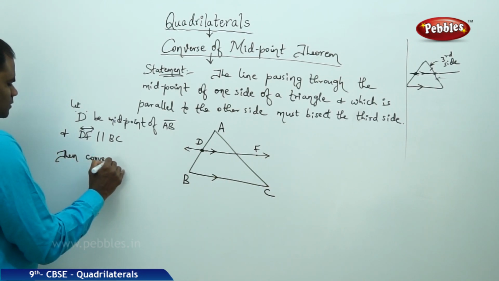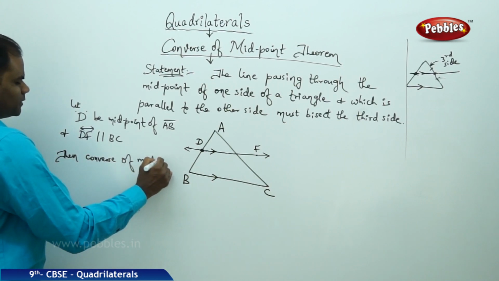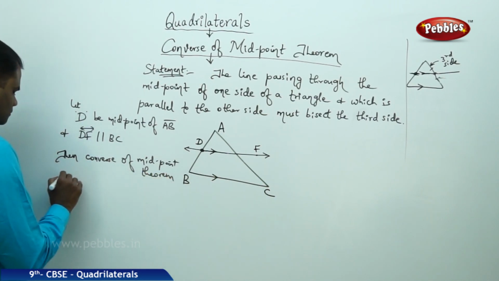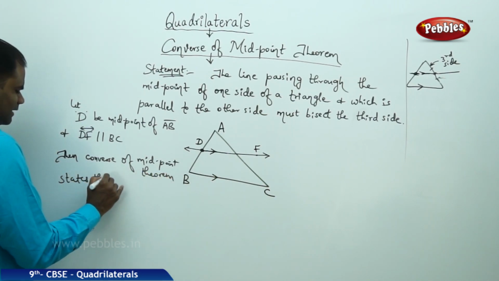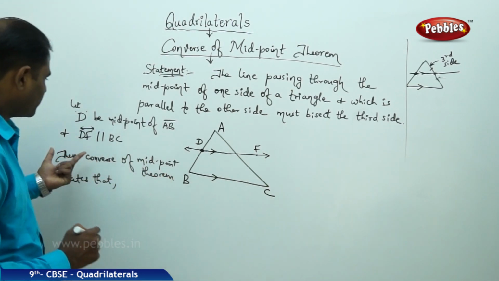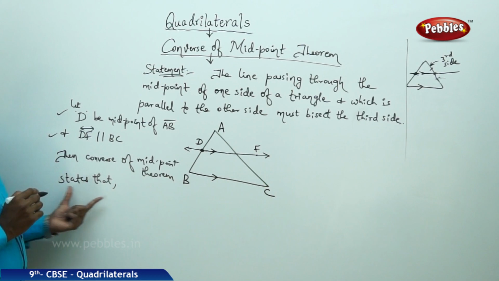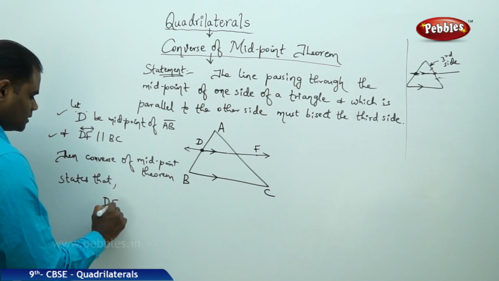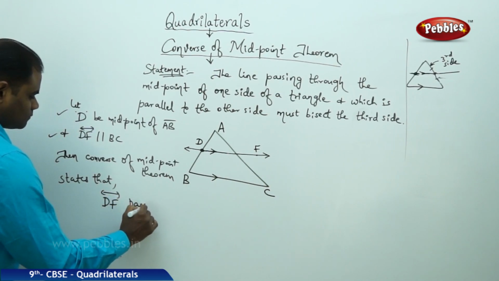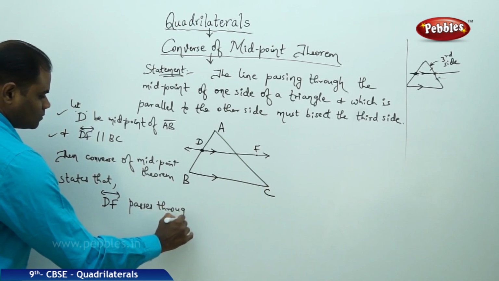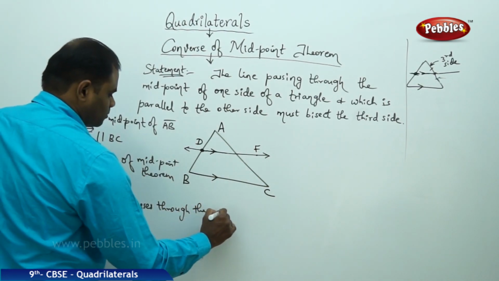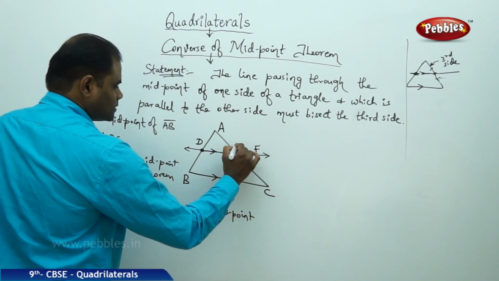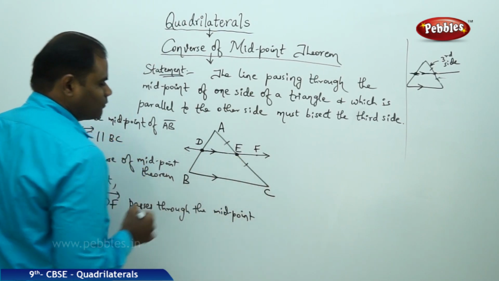Then the converse of the midpoint theorem, under these two conditions, states that DF passes through the midpoint, say this is the midpoint E of AC.